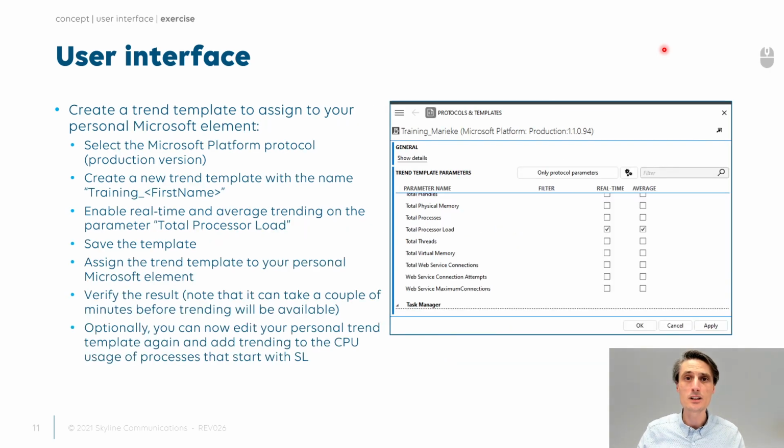I already created a little bit of this example. I created my template, I assigned it to my element, and I activated the total processor load. Actually, we renamed the total processor load to CPU load and verified the result, with also something activated on the task manager, a table with a filter that we created.